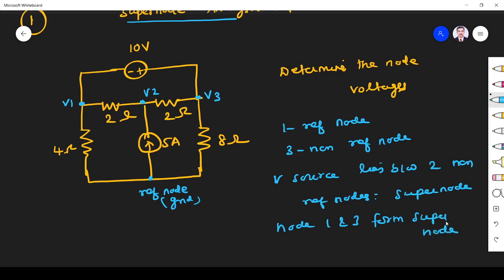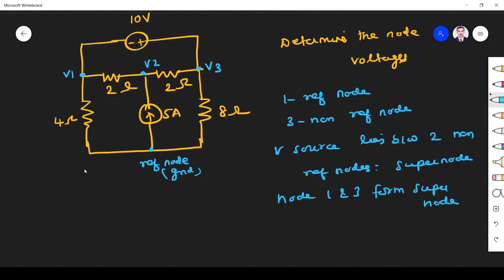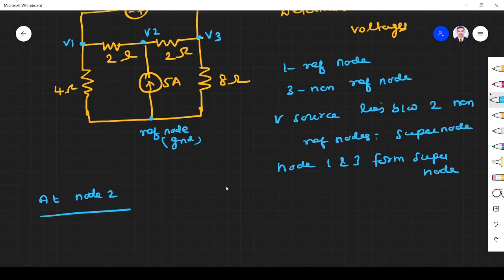Now let us apply nodal analysis. Nodes 1 and 3 form the supernode, which we will deal with later. First we will deal with the non-supernode, V2. At node 2 we apply nodal analysis. Here we have three branches.